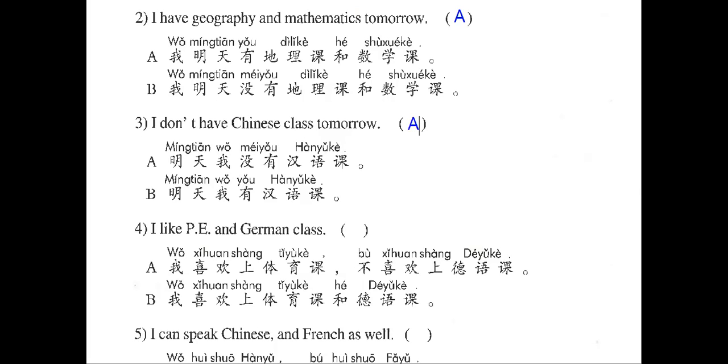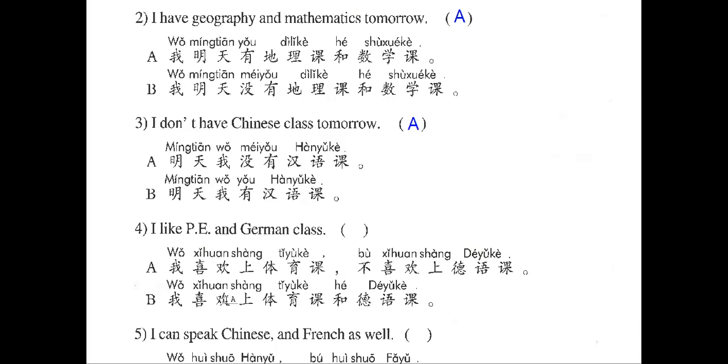Number 4, I like physical education and German class. Maybe in your book you have English class, okay? So anyway, we can do this one. 我喜欢上体育课，不喜欢上德语课. The meaning is, I like physical education, I don't like German or English, okay? If you have the Spanish version of this book.